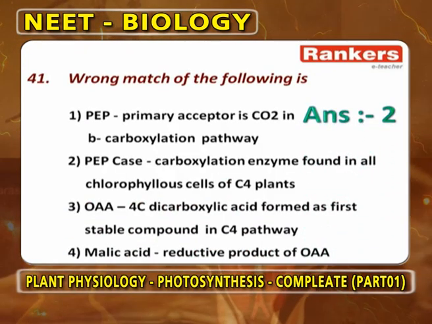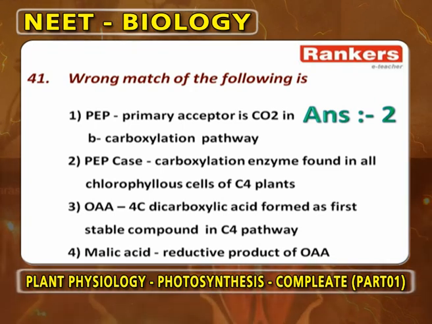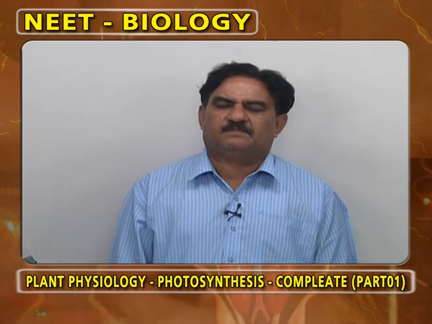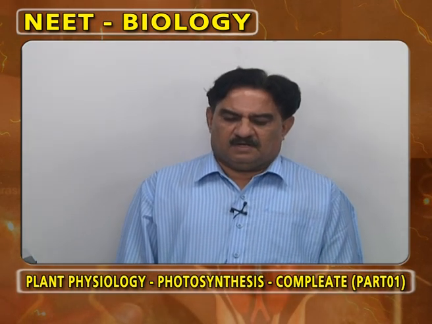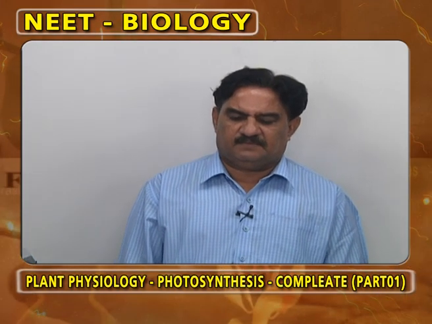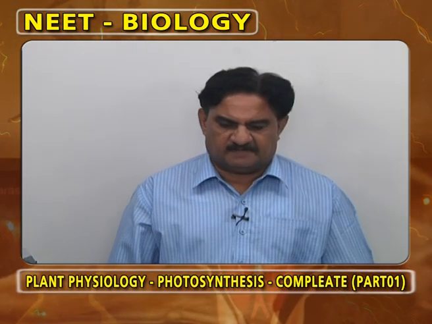Wrong match of the following. PEP, primary acceptor of CO2 in the beta carboxylation pathway, is correct. PEP carboxylase, carboxylation enzyme found in all chlorophyll cells of C4 plants, is wrong. Oxaloacetic acid, a 4-carbon dicarboxylic acid formed as the first stable compound in the C4 pathway, is correct.